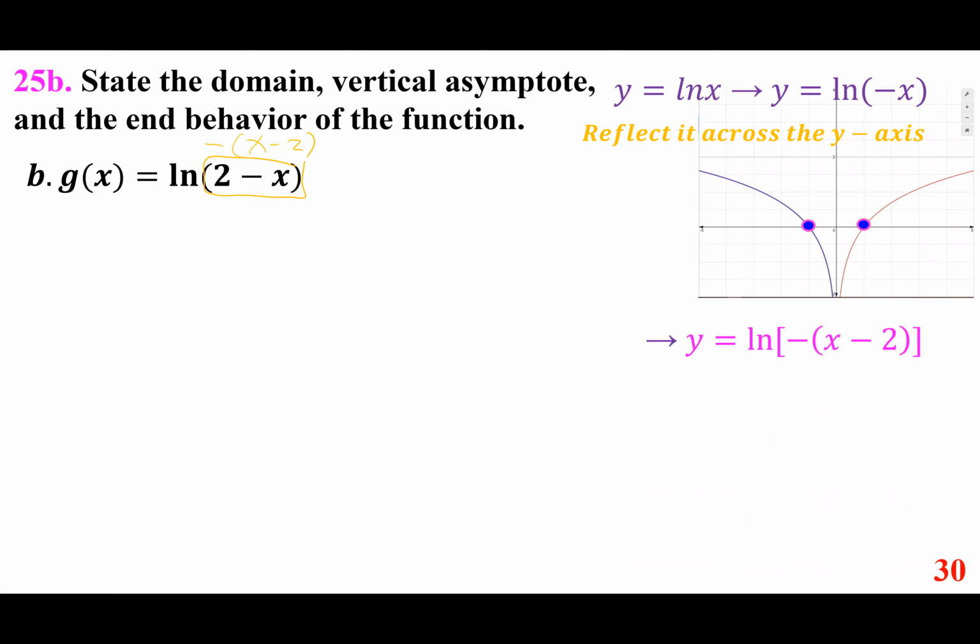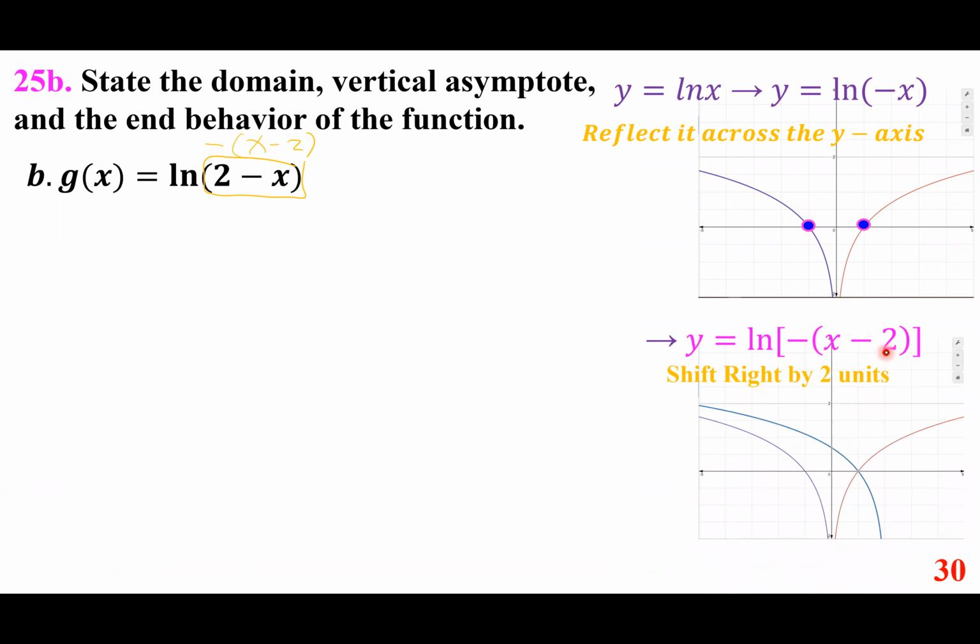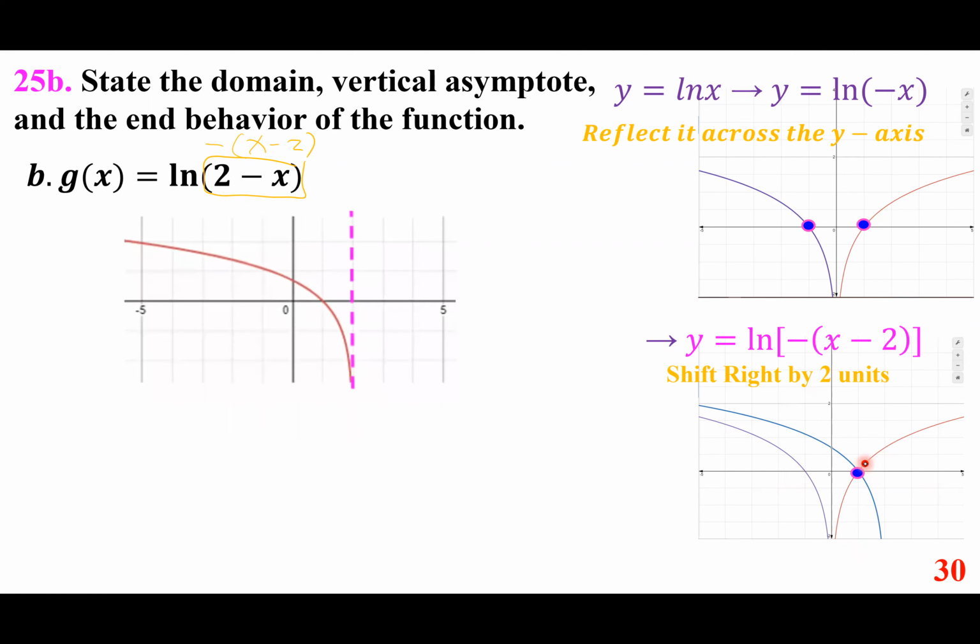And now if we write it in this fashion, that means we are shifting it to the right because it's negative, shifting it to the right by 2 units. And so this one moves to the right by 2 units, and this coordinate, which was negative 1, 0, goes back to 1, 0. So let's put that point in there. Let's do the drawing, and that gives rise to the vertical asymptote of x equals 2.